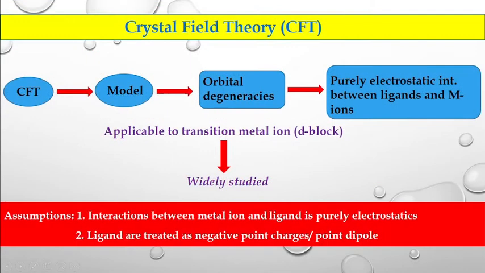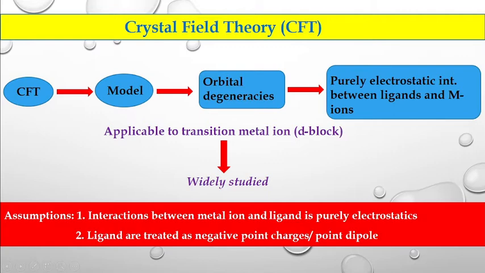Now, what is crystal field theory? It is a model that tells about orbital degeneracies and the breaking of orbital degeneracies, and it is purely electrostatic interactions between the ligands and the metal ions.